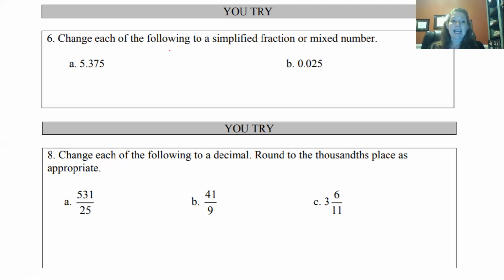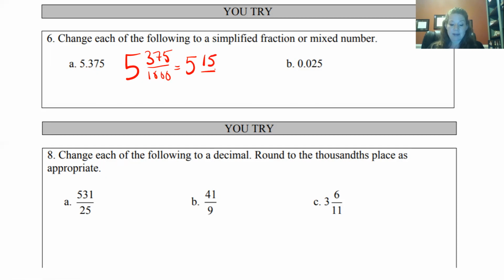All right, 6A, we're going to write this as a fraction. So we're going to keep the 5 a whole number, 5 and 375 thousandths. Well, once again, we can divide those two numbers by 25. So 375 divided by 25 is 15.